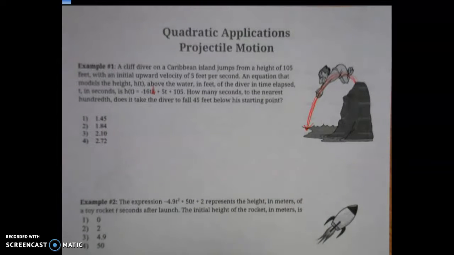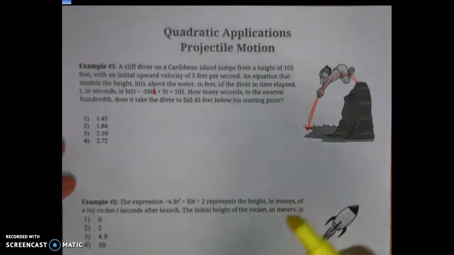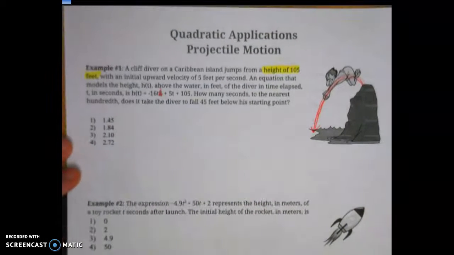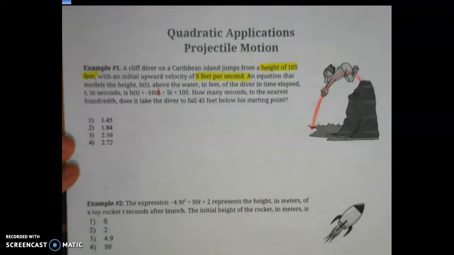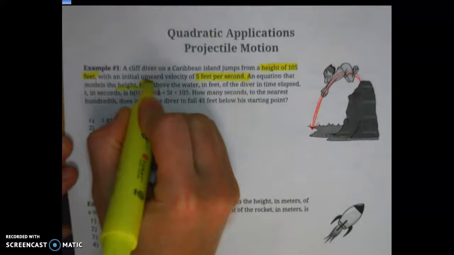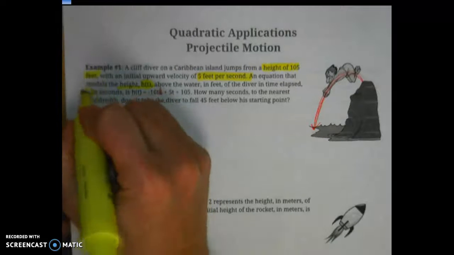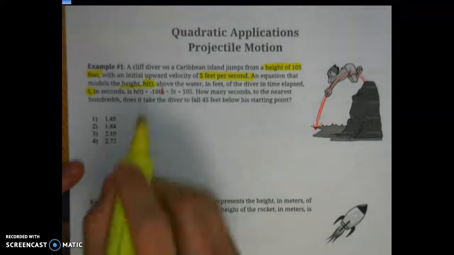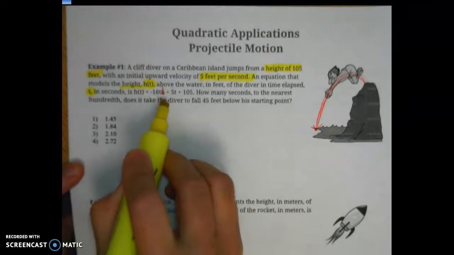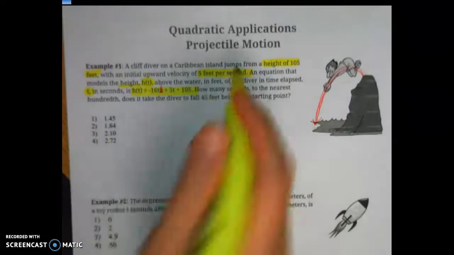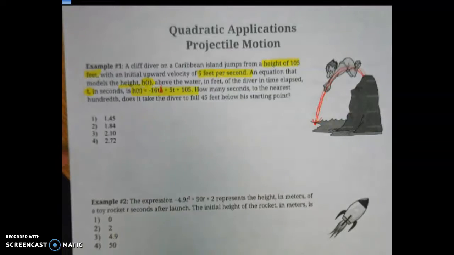A cliff diver on a Caribbean island jumps from a height of 105 feet with an initial upward velocity of 5 feet per second. An equation that models the height, h of t, above the water in feet of the diver in time elapsed, t, in seconds is, and on your copy this little 2 should be an exponent, I just had to handwrite it, so it's h of t equals negative 16 t squared plus 5t plus 105.